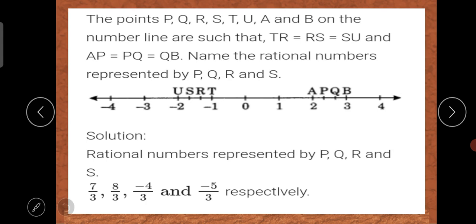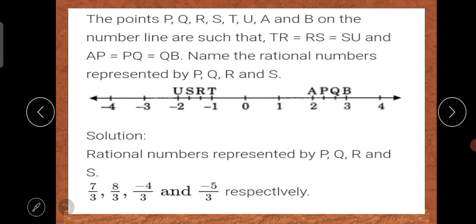Next, see question number 5. The points P, Q, R, S, T, U, A and B on the number line are such that TR equals RS equals SU and AP equals PQ equals QB.